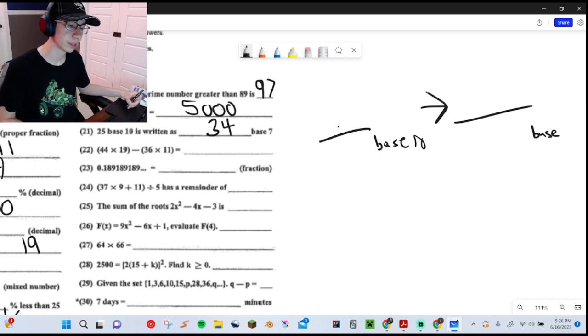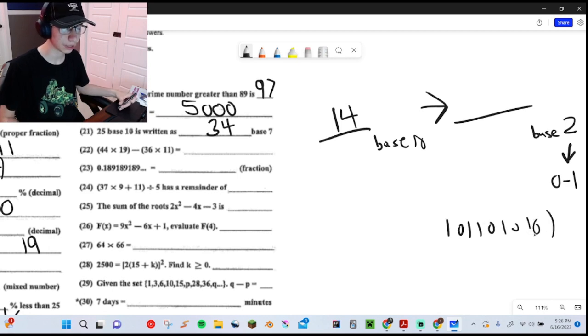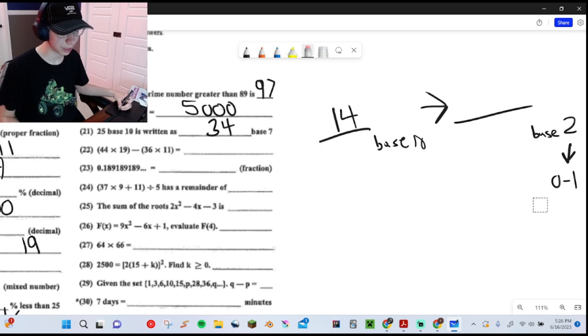How about 14 base 10 to base 2? Base 2 is kind of unique because, like we said before, the only digits you can use for base 2 are 0 and 1. So all numbers in base 2 look like 1, 0, 0, 1, 0, 1, 0, 0, 1. That's binary. Binary is just base 2. So whatever answer we get is just going to be a bunch of zeros and ones.